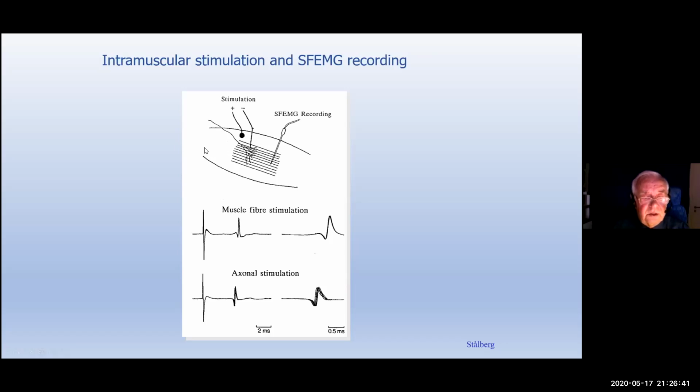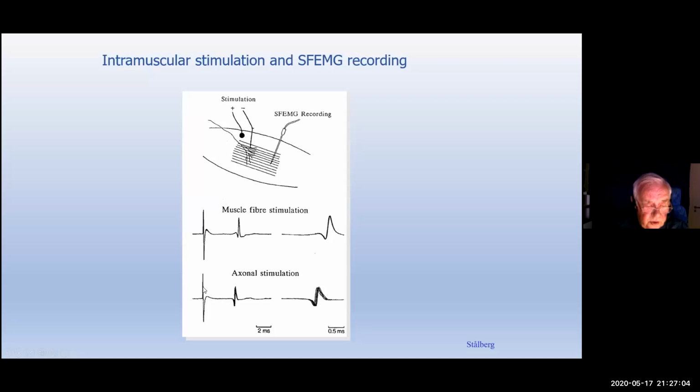We have a surface electrode as anode. When we stimulate with 5 hertz or 10 hertz, we get a little twitching part in the muscle, and we insert the needle in the twitching part 2 centimeters downstream. And then we can get the signal.